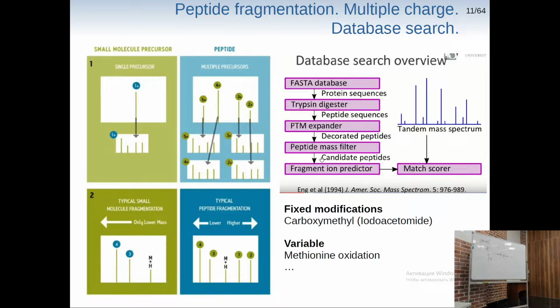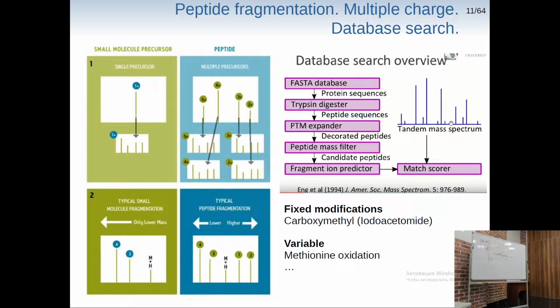Then we can predict fragment ions, comparing them with the actual spectrum which we get from our equipment, and have a score of how likely it is that this given spectrum is this given peptide.